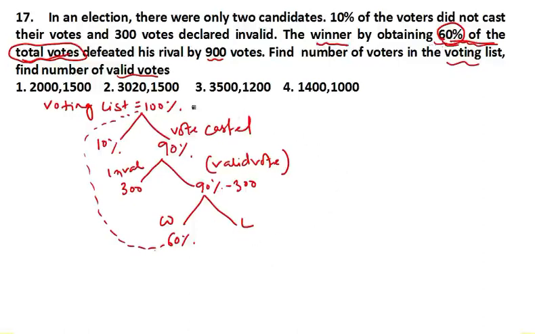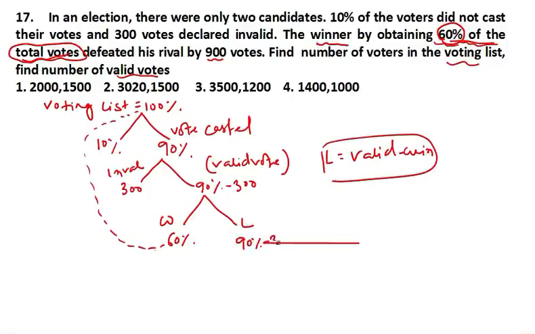Then the loser will get valid minus winner. Loser will get votes from valid minus winner. So just subtract it.